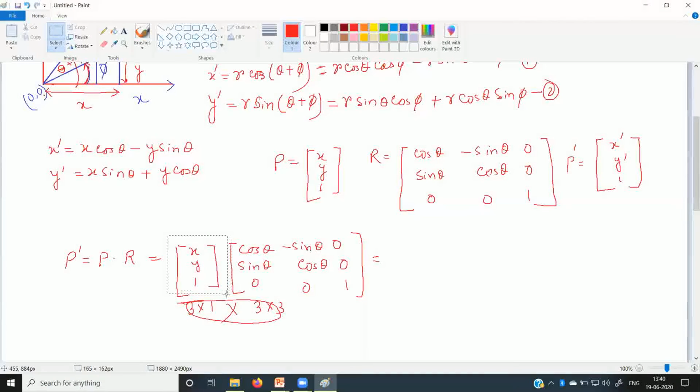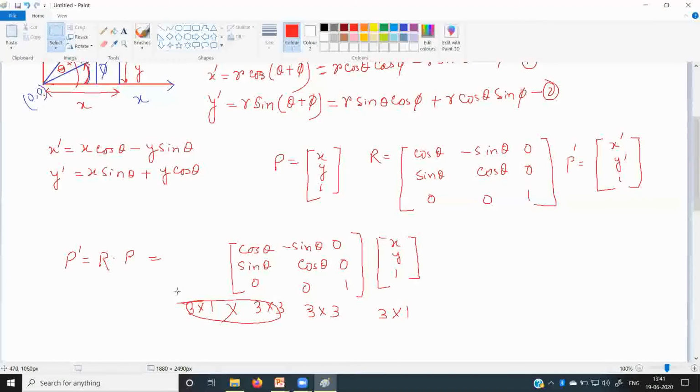We have to multiply R with P, so we can write it like R dot P. Now the multiplication is possible because this is a 3 cross 3 matrix and this is a 3 rows 1 column matrix.